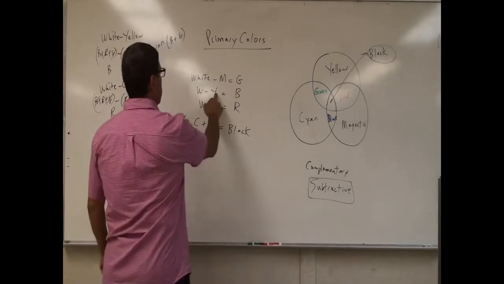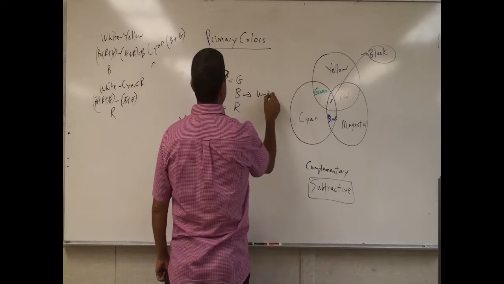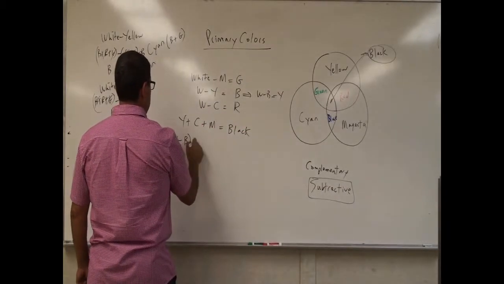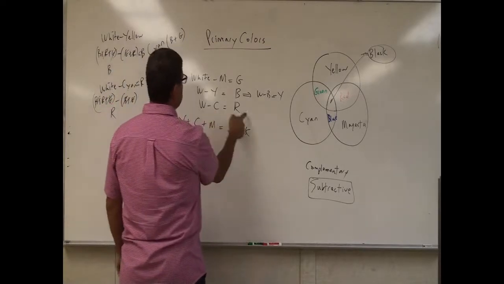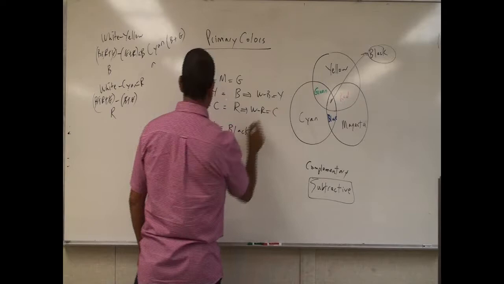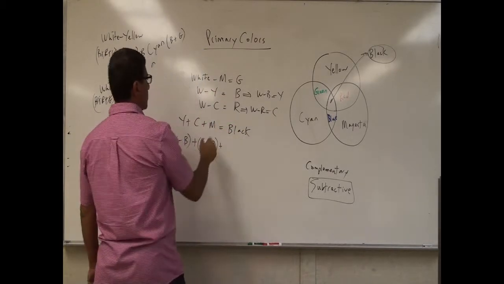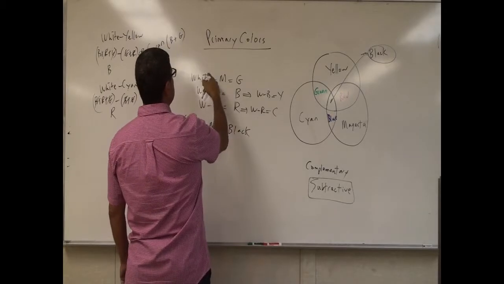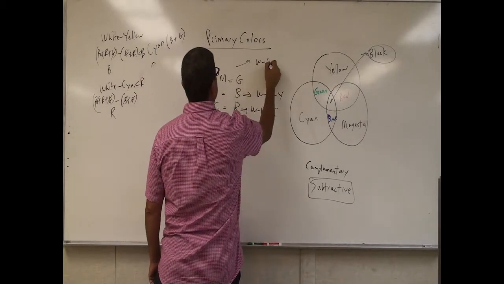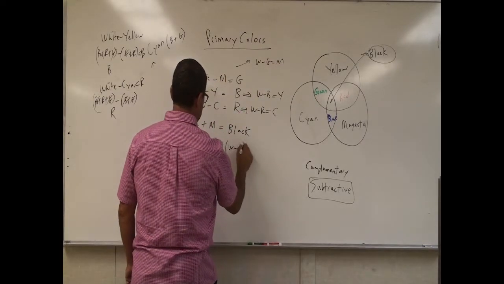White minus blue is yellow. And then cyan is white minus red. White minus red is cyan. And then magenta is white minus green. White minus green is magenta.